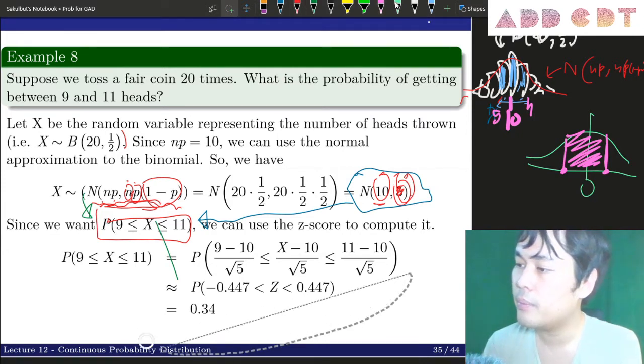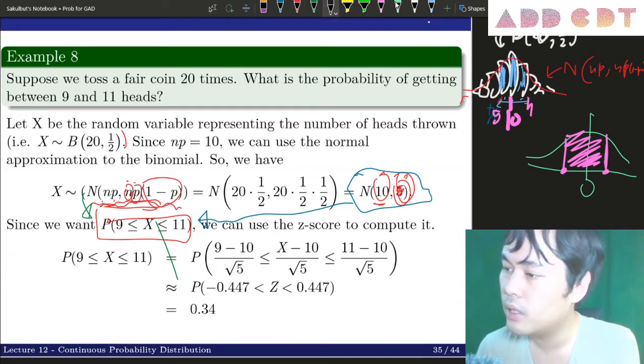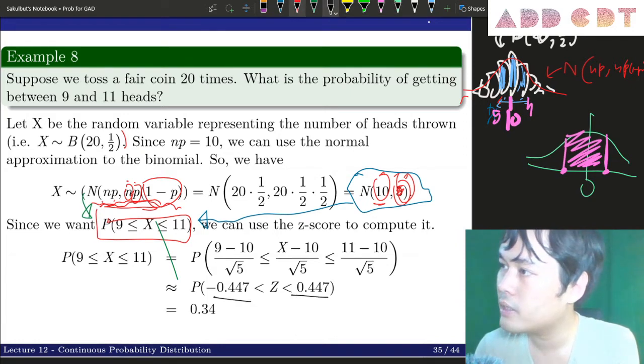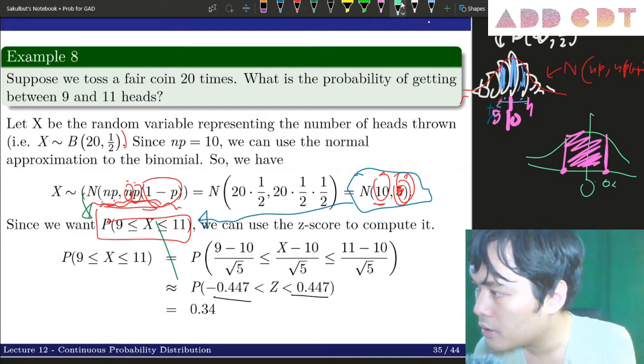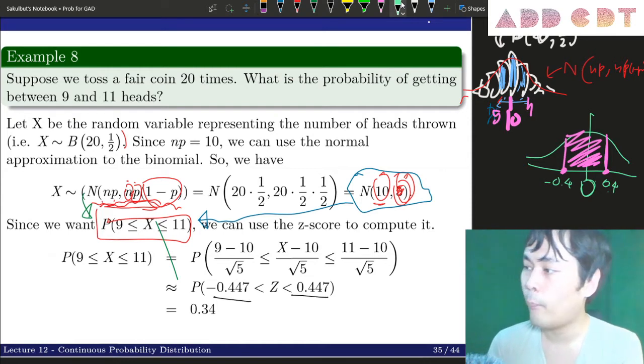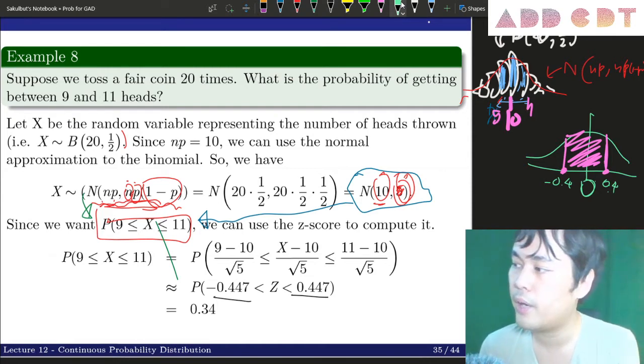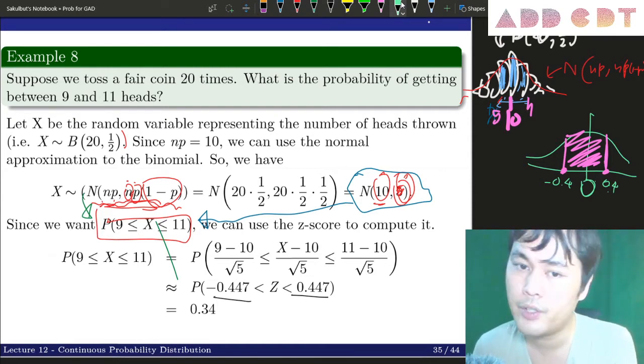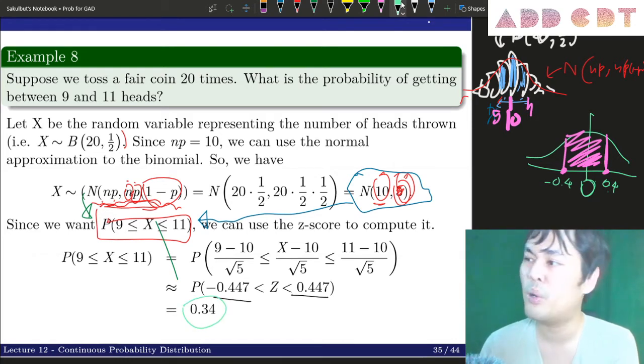So from the computation we get that these two points are actually like 0.4 and minus 0.4. So the area of this pink region is about 0.34.